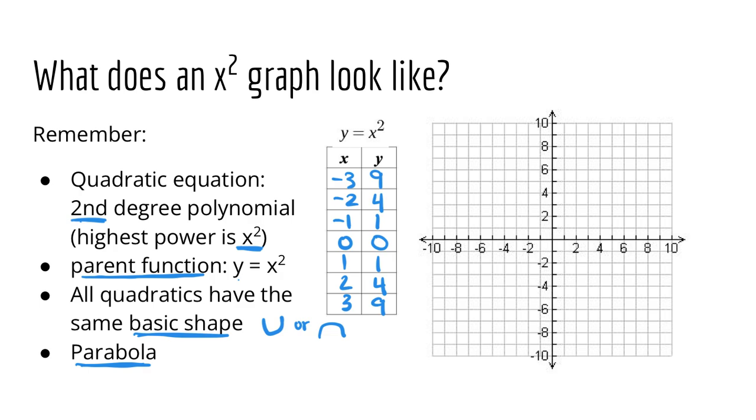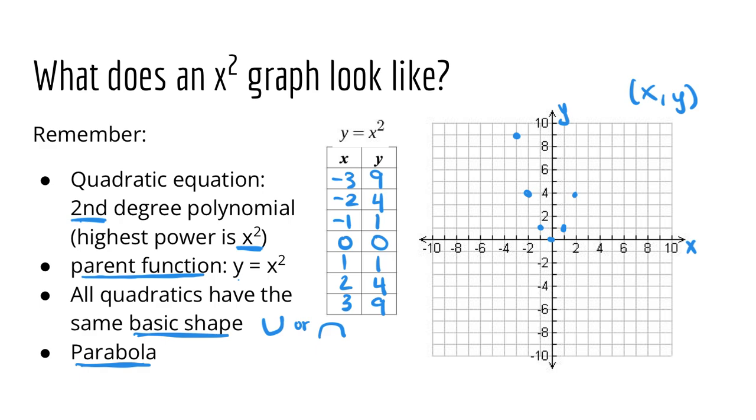And now we're going to plot them on the coordinate plane on the right. Remember, it's been a while since we graphed, so label your x and y axes. Plot these points. Negative 3, positive 9 is going to be right here. Negative 2, 4. Negative 1, 1. 0, 0. 1, 1. 2, 4.